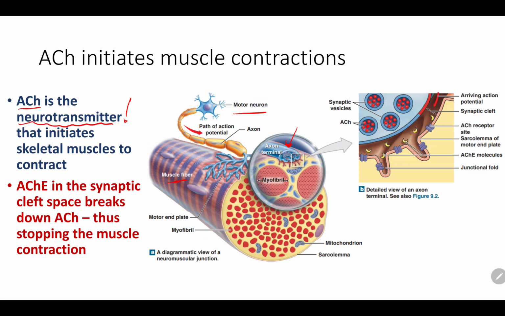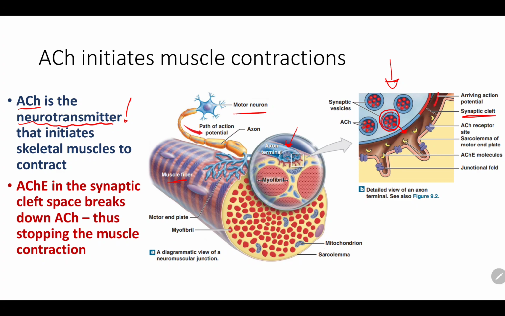And so if we look at this image right here, acetylcholine is going to be in these synaptic vesicles. So look at this synaptic vesicle. It's just a vesicle, a membrane-bound sac that holds something. So it's holding this neurotransmitter until it needs to be released, until you tell that muscle to contract. So this neurotransmitter, acetylcholine, will get released into this synaptic cleft space, right?